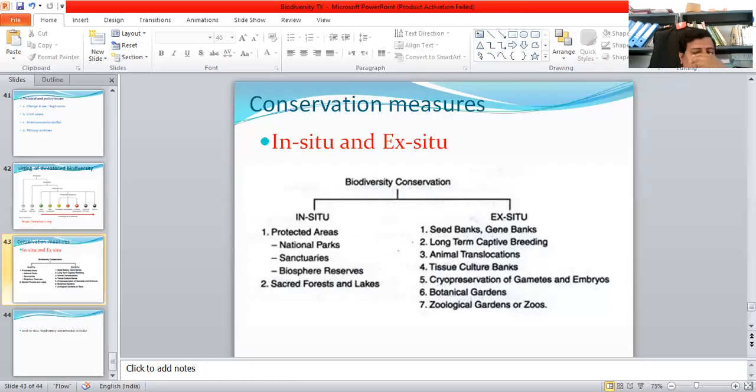It is famous for tigers and mangrove tree species that are mostly found in this area of Sundarbans.